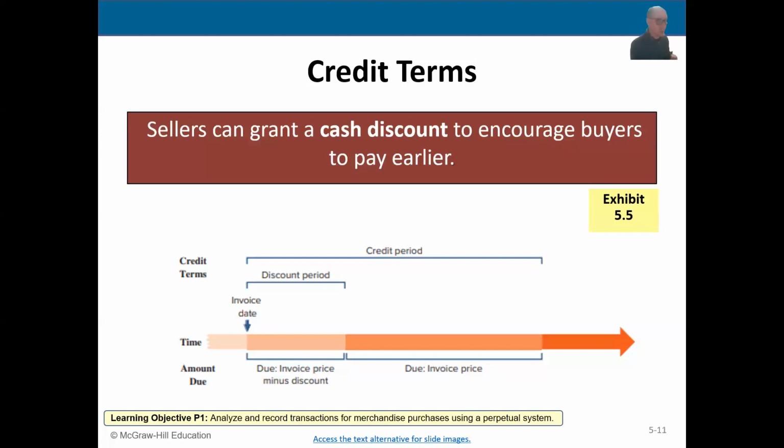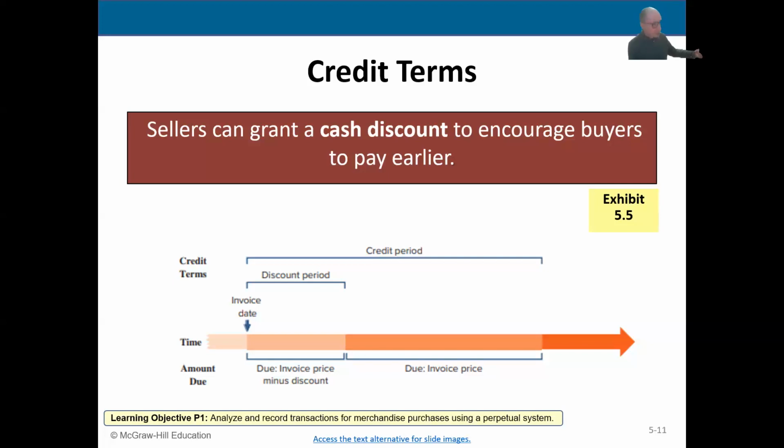So I establish what's called credit terms. This is an agreement between the retailer, the seller, the company, and the distributor or the vendor, whereby I purchase the inventory and I'll pay them later. We call that credit terms, right?